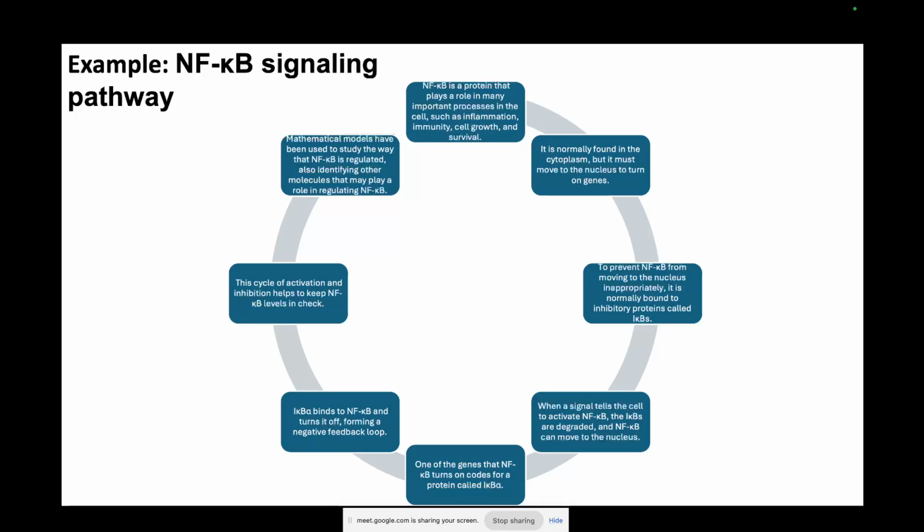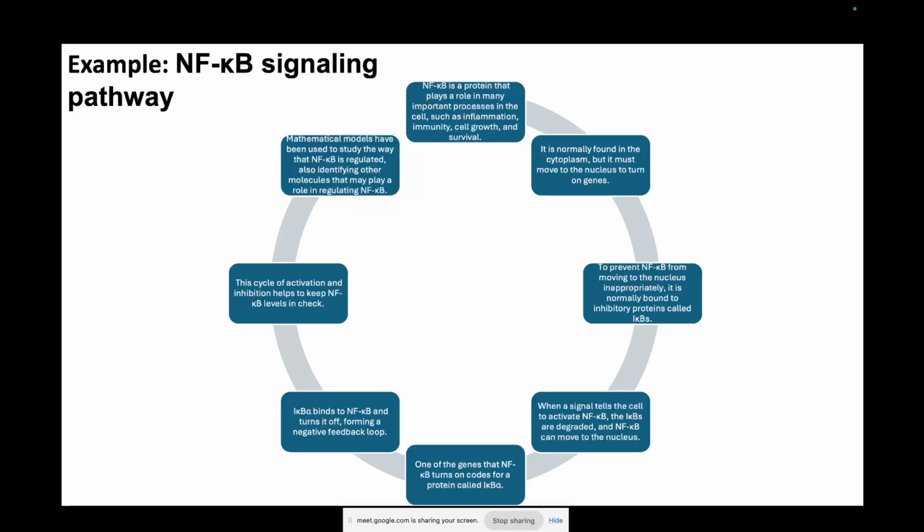NF-kappa B is negatively regulated by I-kappa B. When I-kappa B is degraded, NF-kappa B goes inside the nucleus to turn on I-kappa B again. So it is a very well regulated system. When your inhibitor is degraded, you go inside the cell and do your function, but to check that your concentration doesn't exceed a particular limit, the process is well regulated.